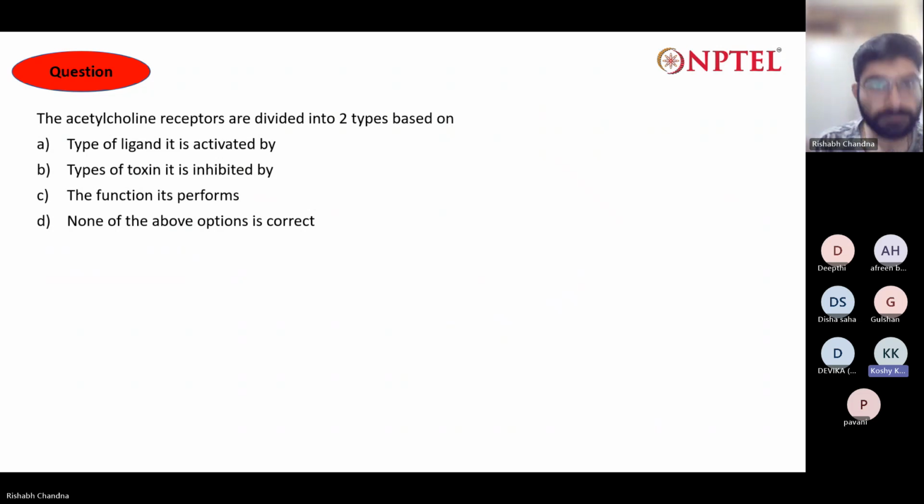Answer A, the type of ligand it is activated by. Okay. Any more options?